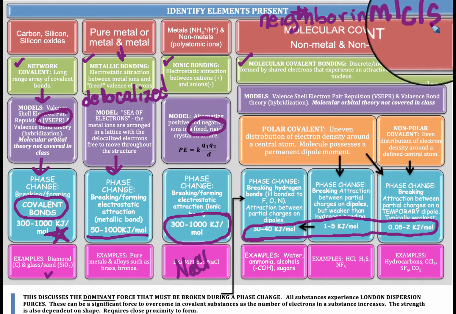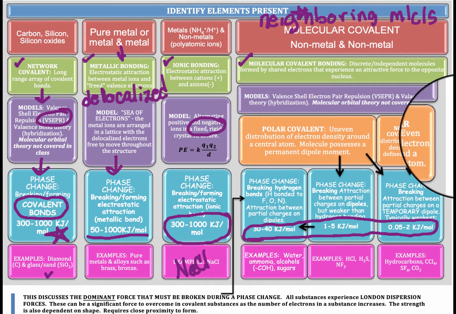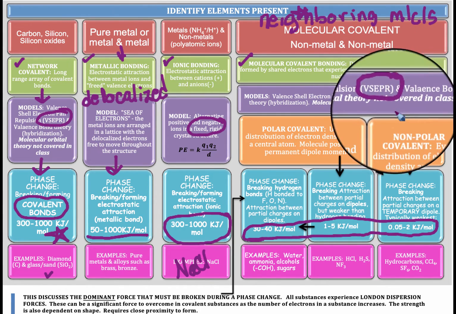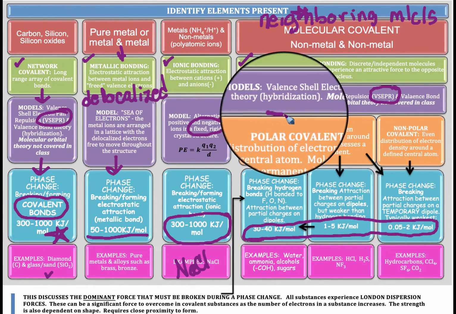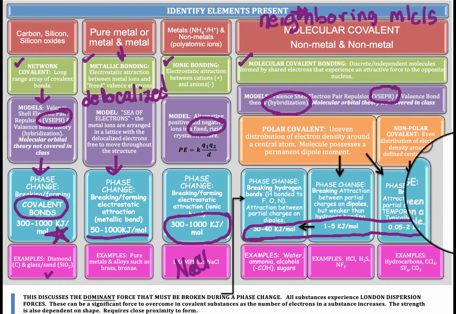It is not a bond. If you use the word bond, you will lose credit. We're talking about attractions between discrete molecules. And we use the types of models like VSEPR, valence shell electron pair repulsion, hybridization. Of course, at higher level, you would be getting into molecular orbital theory and that type of thing.